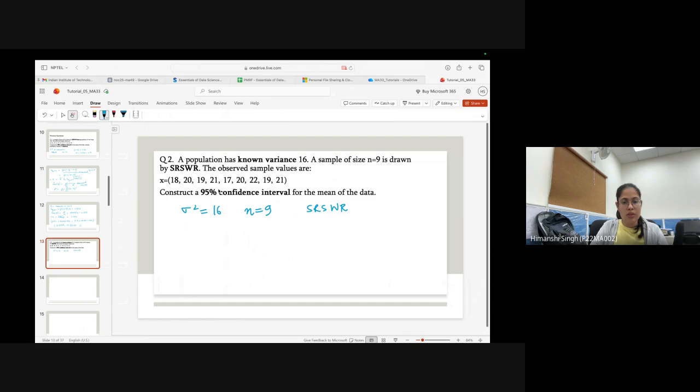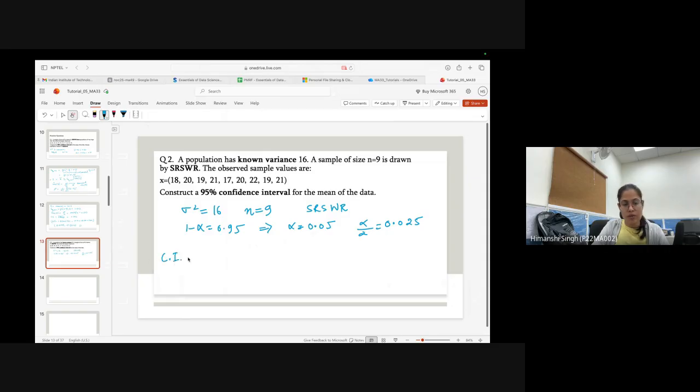Since I want to construct a 95% confidence interval, 1 minus alpha is 0.95, which implies alpha is 0.05. So alpha by 2 is 0.025. Now since here sigma square is known, let me first write the confidence interval for it.